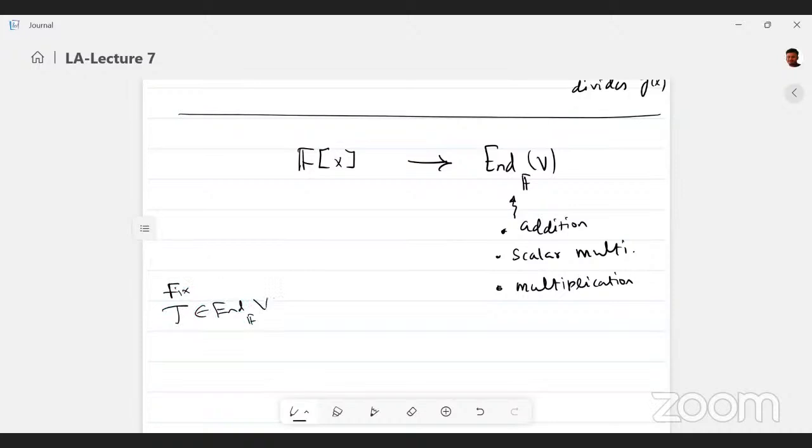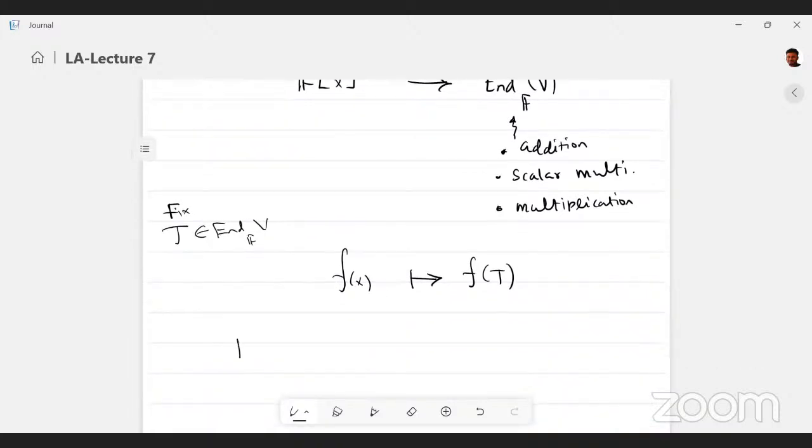Evaluation map, yeah. I can take some polynomial f(x) and simply send it to f(T). That is a well-defined map, and it is actually an algebra homomorphism. So it respects the addition, scalar multiplication, and multiplication defined on the endomorphisms. In particular, it is a ring homomorphism and also a vector space homomorphism.